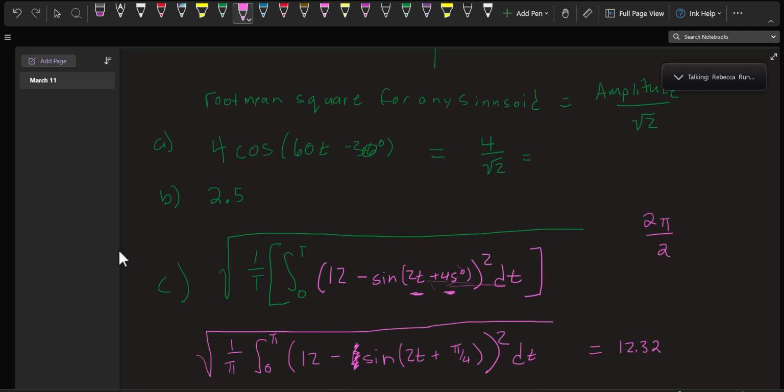And see if it works. I need to change my calculator to radians as well.